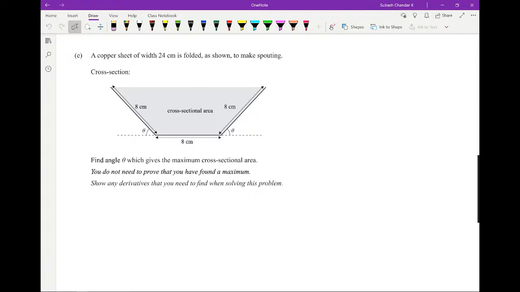Okay, so basically this is what's happening, right? We could have something like this, where that's theta and that's theta, or you could have something like this. So how are we going to work this out?